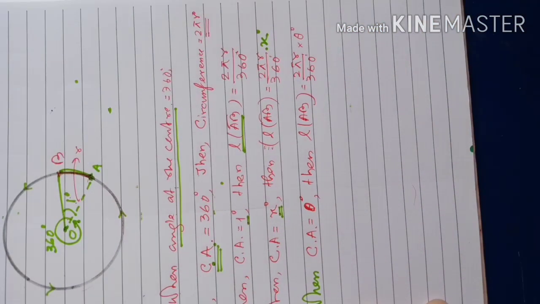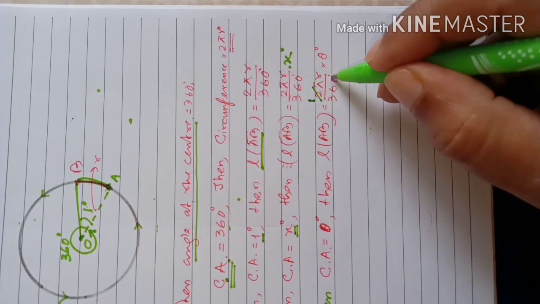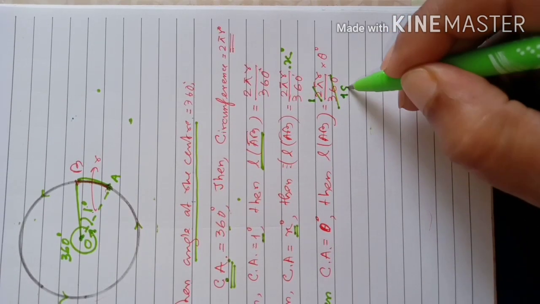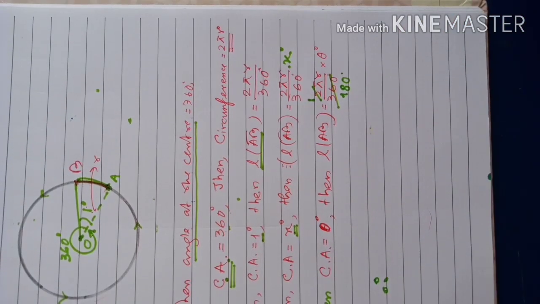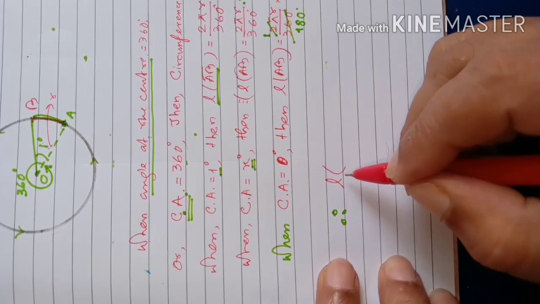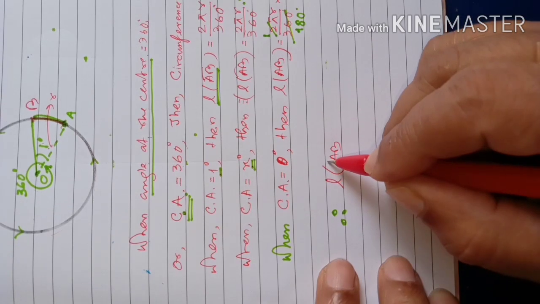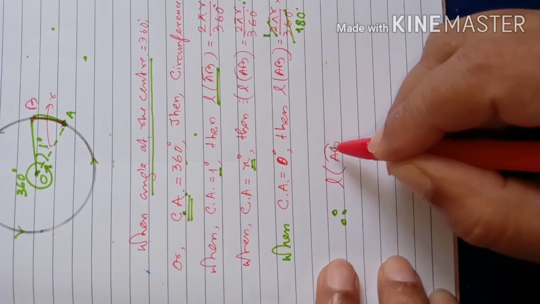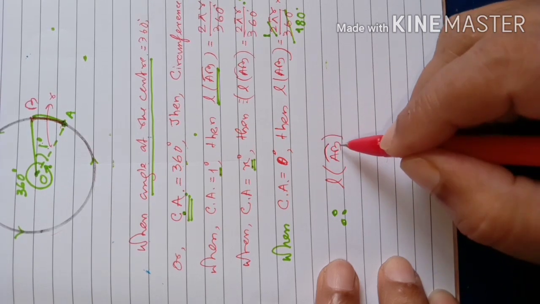Dear students, you can cancel this 2 and 360. 2 1s are 2, 360 cancel, 180. So, lastly, we conclude by saying that length, L stands for length, bracket means of, AB means AB only, but when you put the symbol of arc like this, a cap, a curve you draw above it, then it is called arc AB.